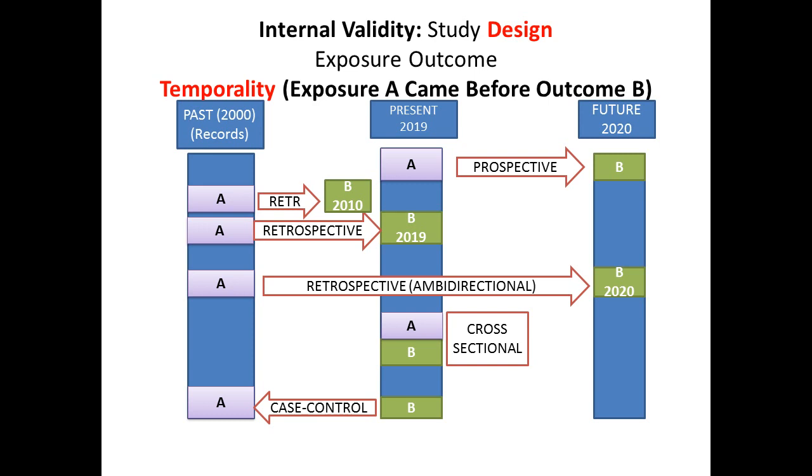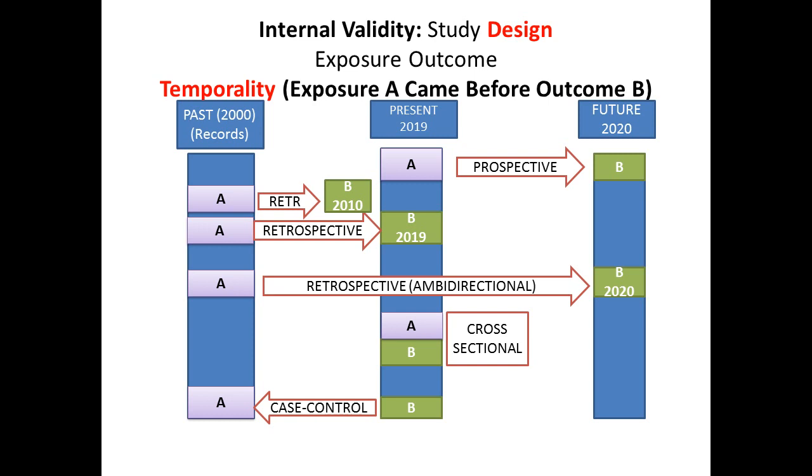Now there's another kind of study known as the cross-sectional study, where you ask the patient both whether they had the exposure and the outcome, but you ask them at one time point. Now this can be very effective if the exposure is something memorable, or something fairly recent.